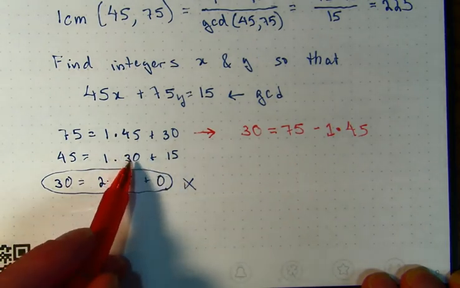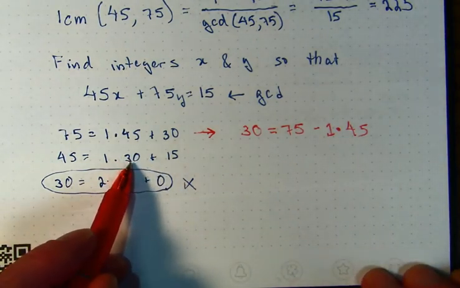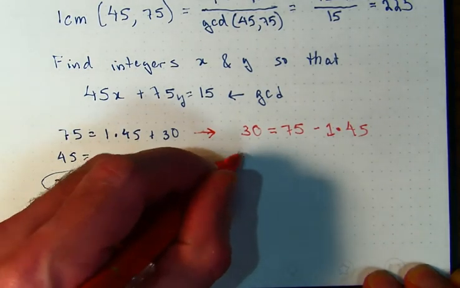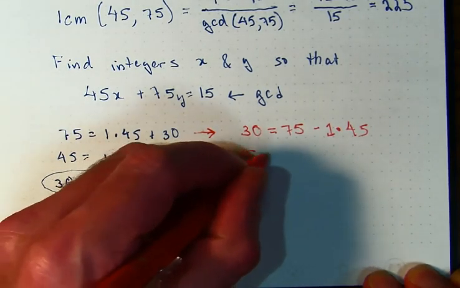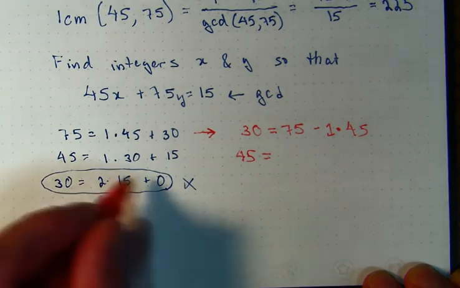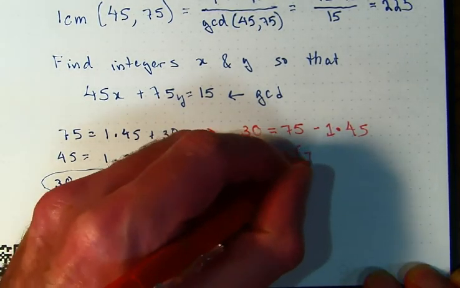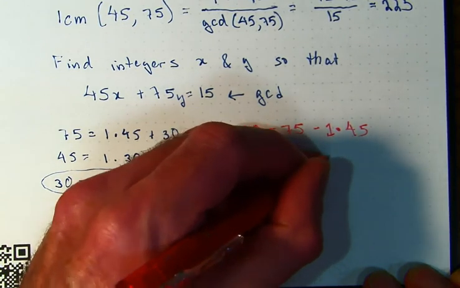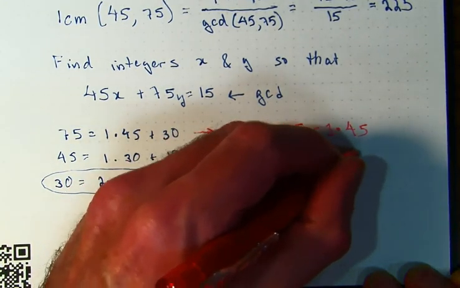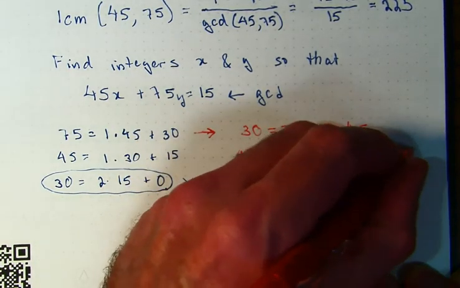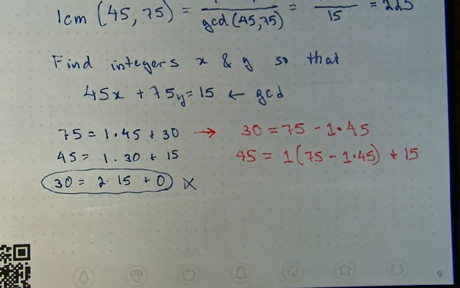And then we substitute that into this second line. So the second line becomes 45 equals not 1 times 30, but 1 times this expression, plus 15.